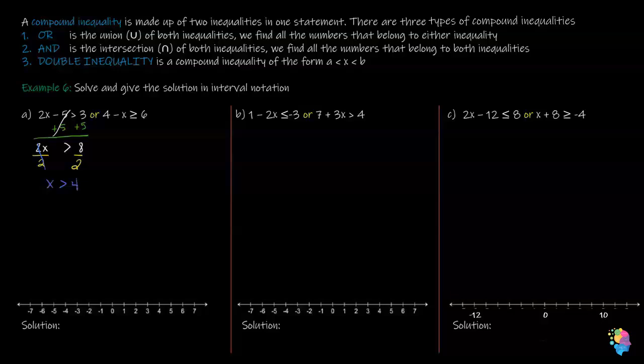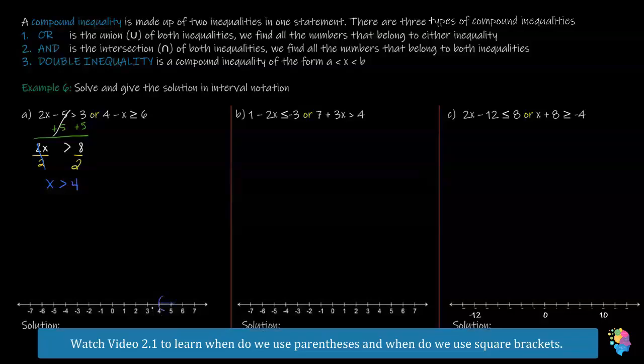So this inequality is asking us to shade all the numbers to the right side of 4, greater than 4, but they don't want us to include 4. So I'm going to locate the 4 in my number line, and I'm going to shade to the right of 4, not including the 4.